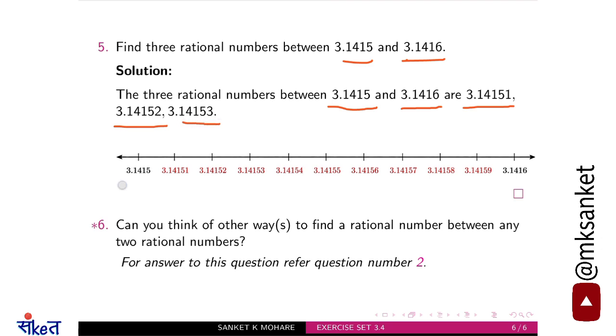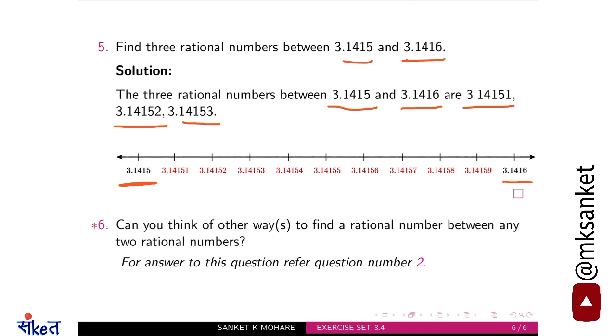Let's visualize on a number line. Look here, this is our given number and this is also our given number. So in between them, these many numbers: 3.14151, 3.14152, and so on, 3.14159.